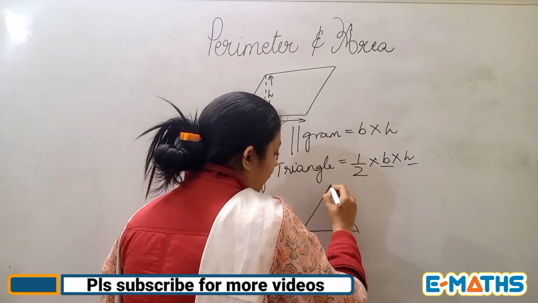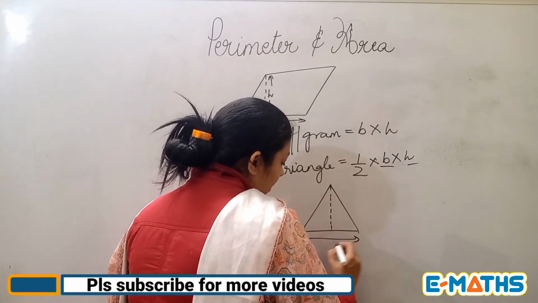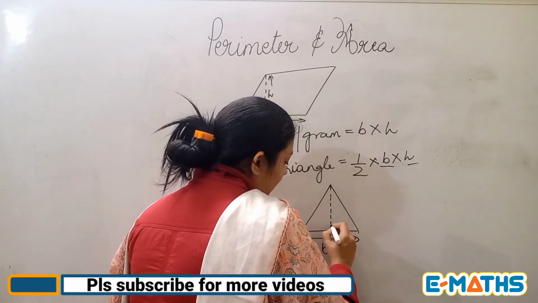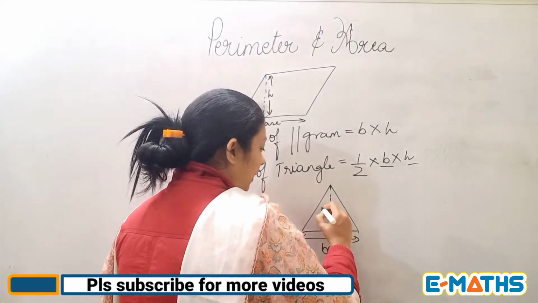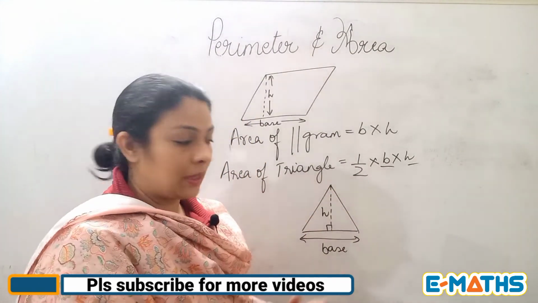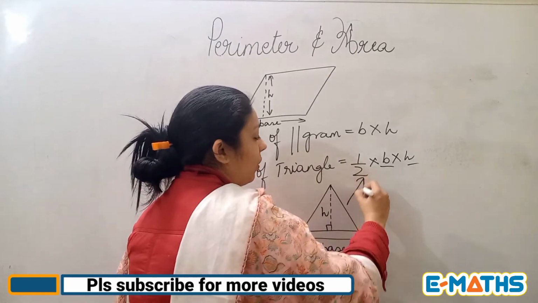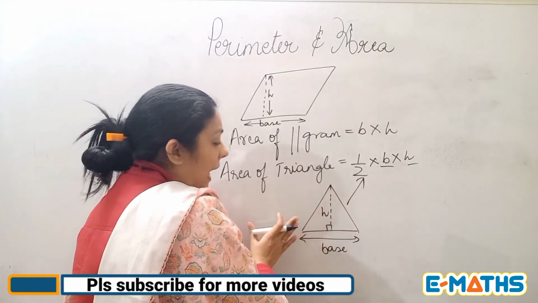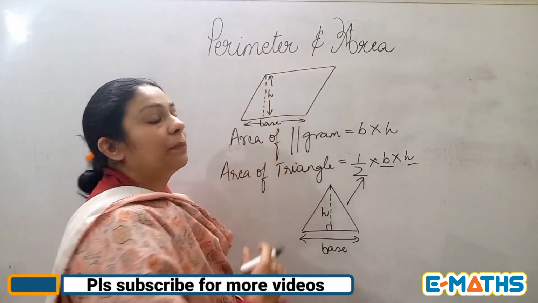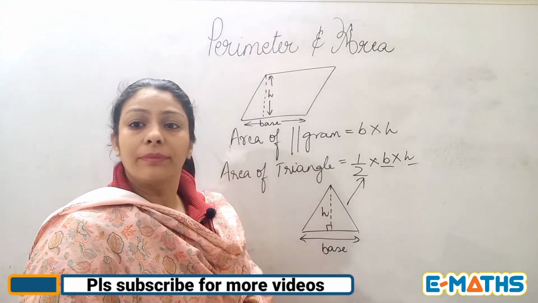See, if this is the figure, this will be the base where the altitude is dropped, so this becomes the height. This is the base, this is the height, and that's how we got the formula, half into base into height. It's actually half of the area of the parallelogram.